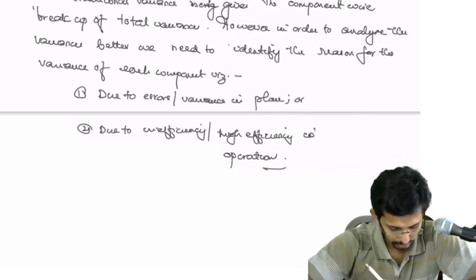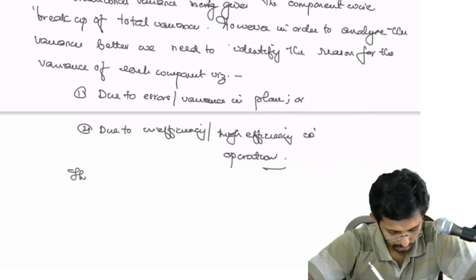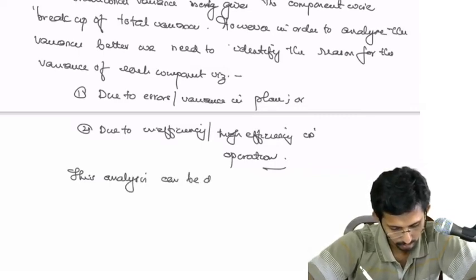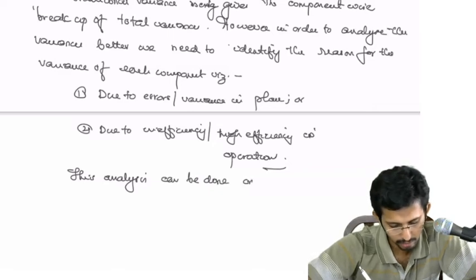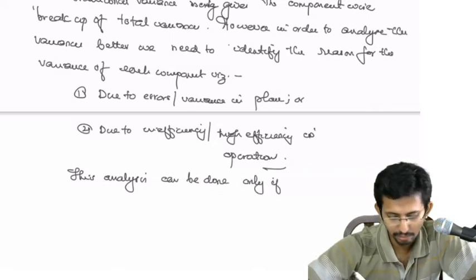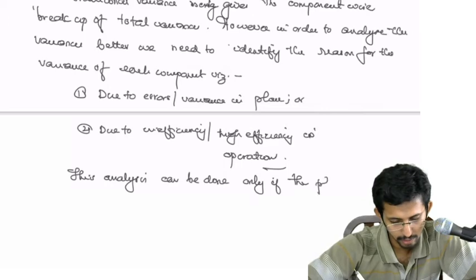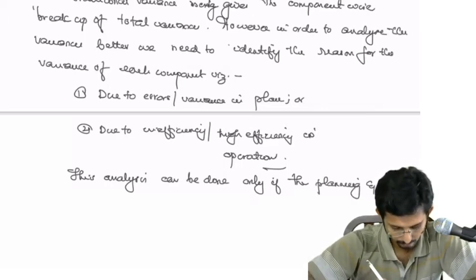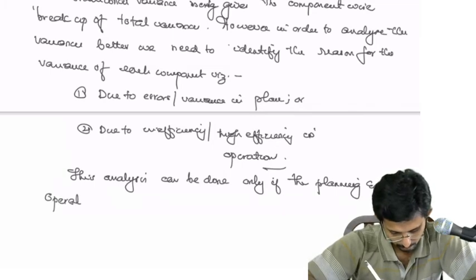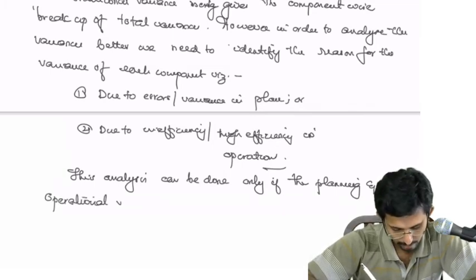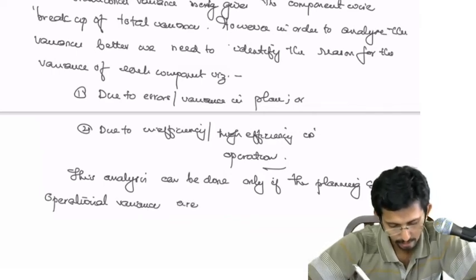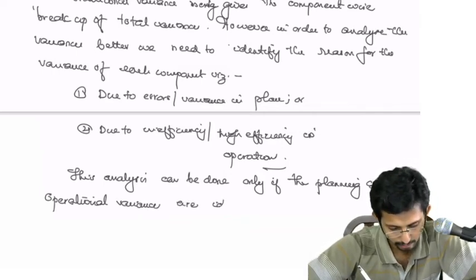So you can write this: analysis can be done only if the planning and operational variances are given, identified.